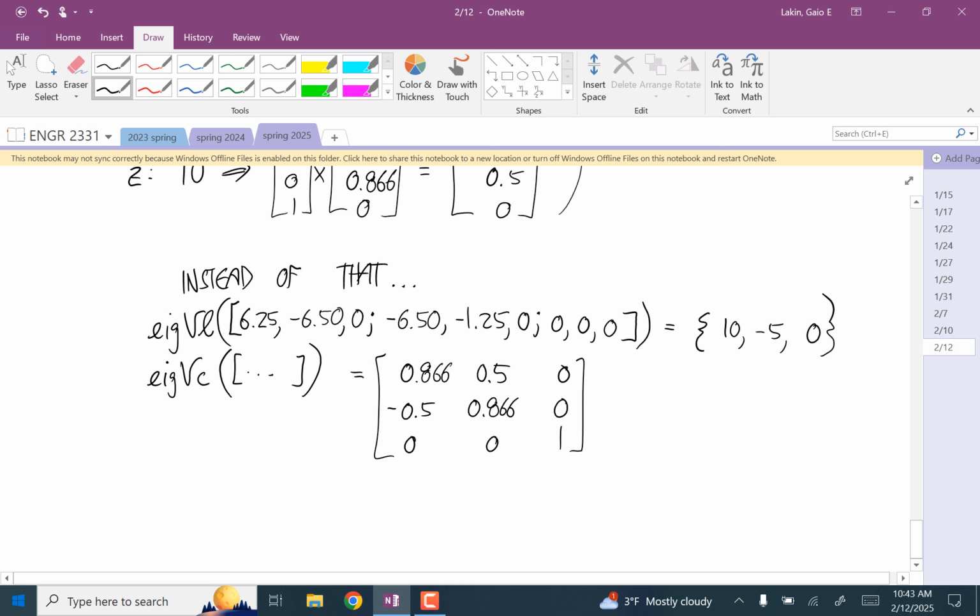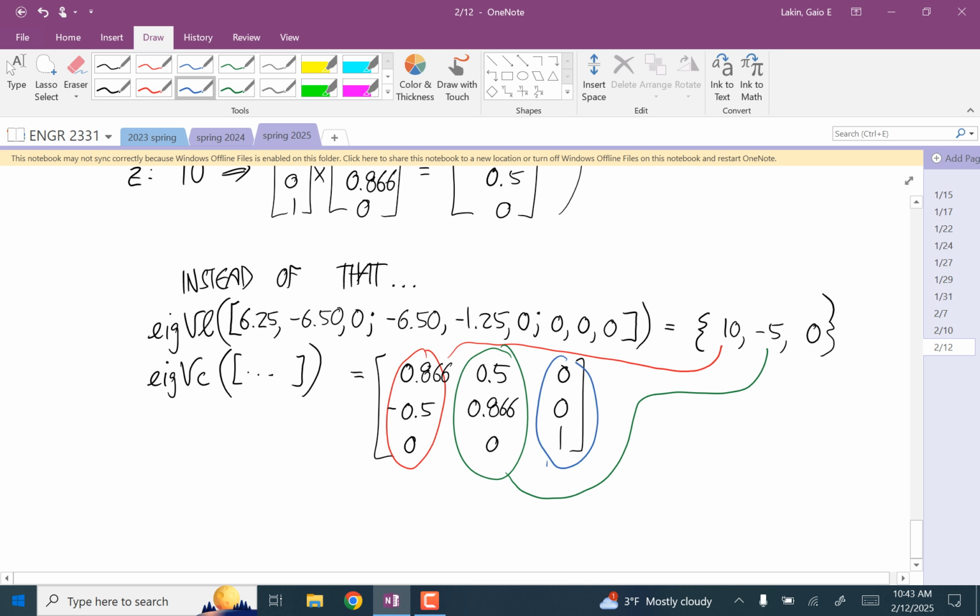And the way you read that is this axis corresponds to the first one they gave you. This axis corresponds, let me do a different color, this axis corresponds to the second one they gave you. And this axis corresponds to the third one they gave you.